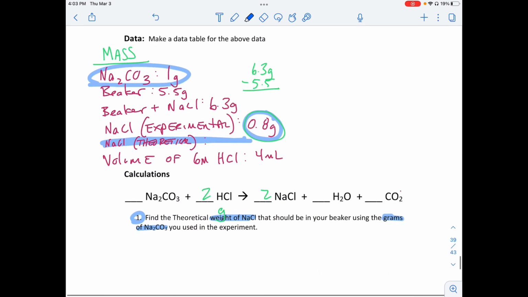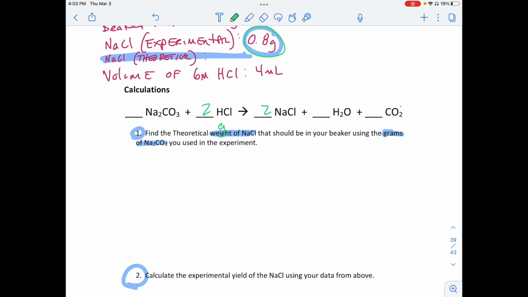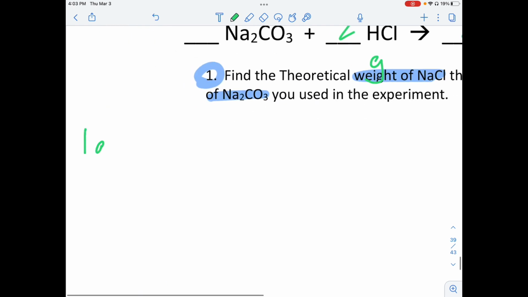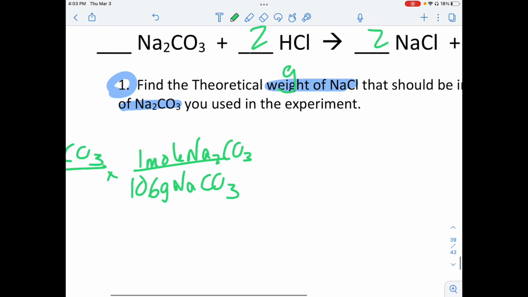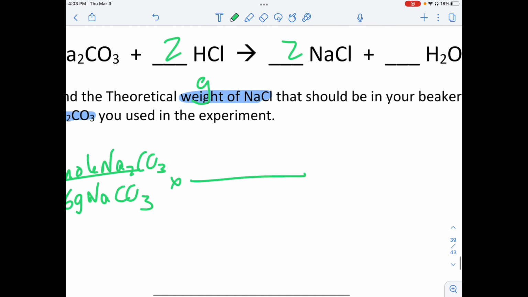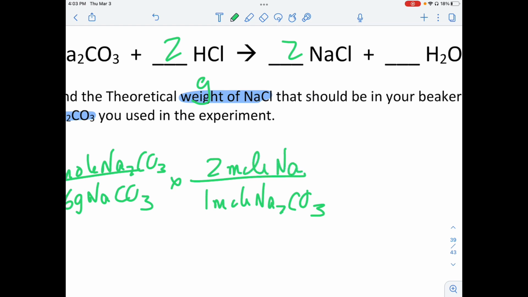Clear this out, come back up. I start with what I know. I know I used 1 gram of Na2CO3. I don't want grams of Na2CO3, so I cancel it. Molar mass of 106 per 1 mole of Na2CO3. And then I don't want moles of Na2CO3. I do want to be in moles of NaCl because I need to get to grams.